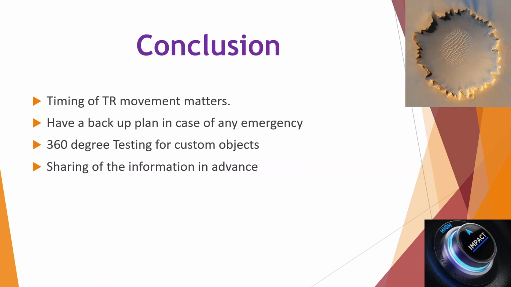Otherwise, anything can happen. And if you take all the precautions in place, you will ensure that you are safe, your job is safe, your company is safe, and your growth also is safe. Everything will be safe if you take due caution.